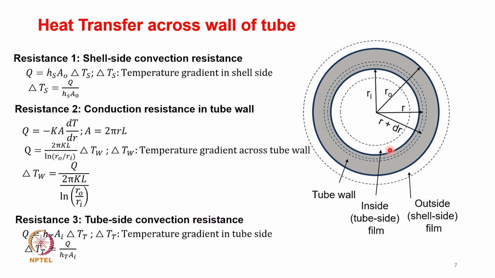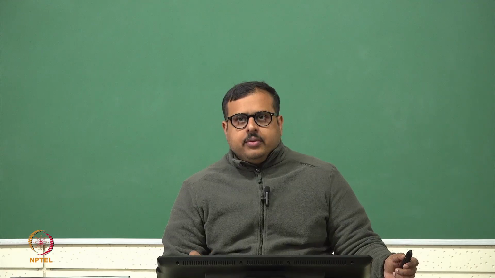There is a resistance at the shell side, and there are resistances inside and outside the tube. Outside the tube you have a convection resistance, inside the tube wall you have a conduction resistance, and further inside you have tube side convection resistance. These are the three types of heat transfer resistance that we need to overcome to effect the heat transfer.